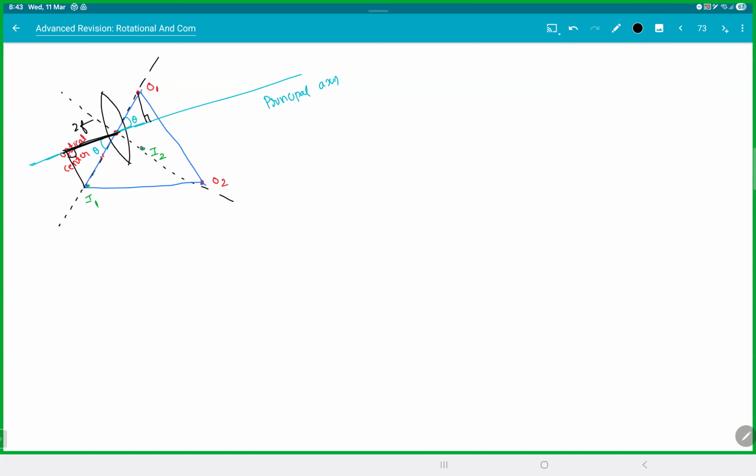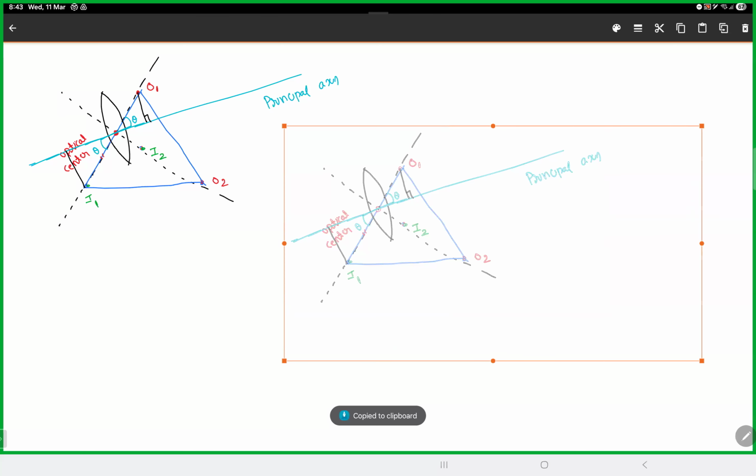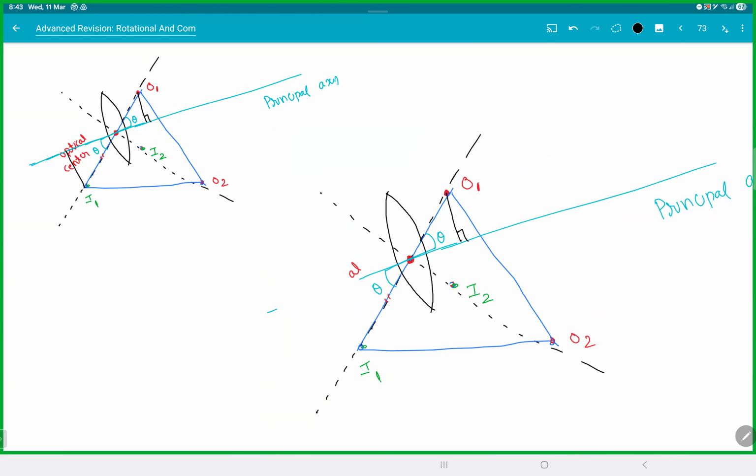Is it understood, which is 2f? I'll just magnify the picture again. That is your principal axis.